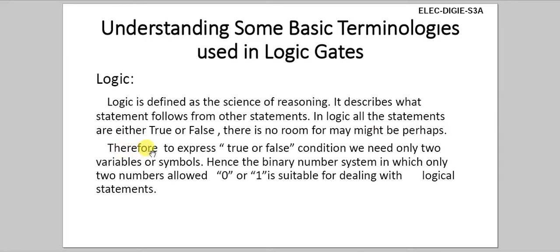Therefore, to express true or false conditions, we need only two variables or symbols. Hence, the binary number system, in which only two numbers are allowed, 0 or 1, is the suitable number system for dealing with logical statements.